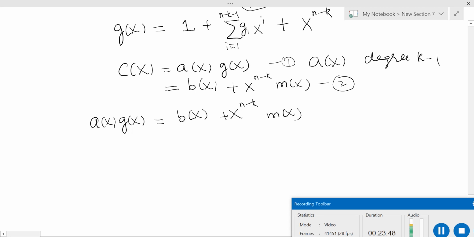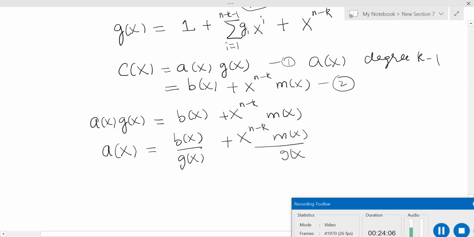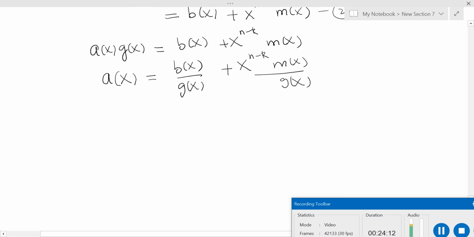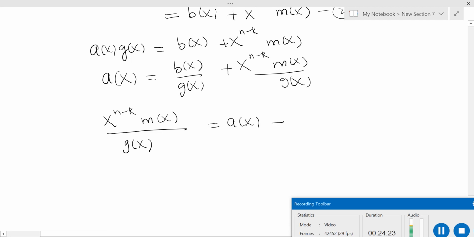Now if I divide both sides by g of x, I will get a of x is equal to b of x by g of x plus x to the power n minus k m of x by g of x. Since we are doing modulo 2 operation, XOR, plus and minus are the same here, so I can shift this x to the power n minus k m of x by g of x here and write it as equal to a of x plus b of x by g of x.